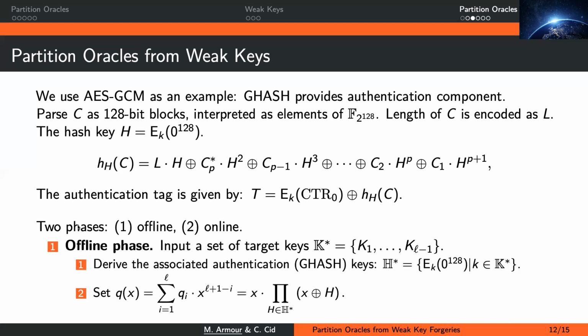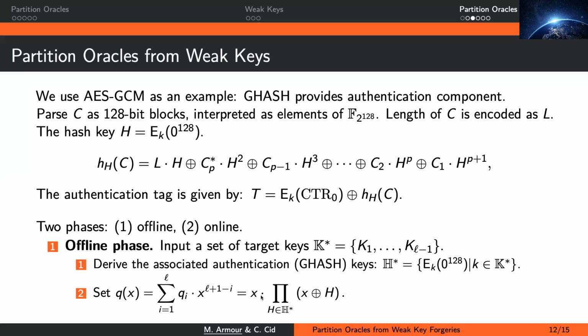In the offline phase, we first input a set of target keys, K star, then derive the associated GHASH keys, and then set polynomial Q of X as the polynomial which is the product of X plus H, where H is in H star. So as you notice, if we substitute any of the H's into here, we get a polynomial that will evaluate to 0.